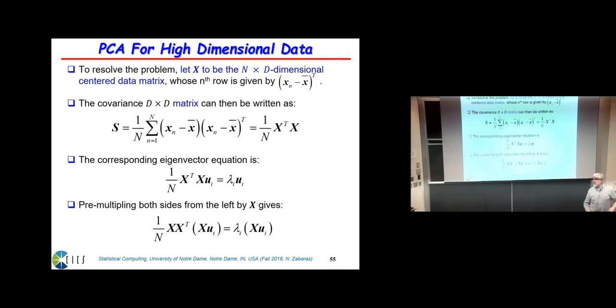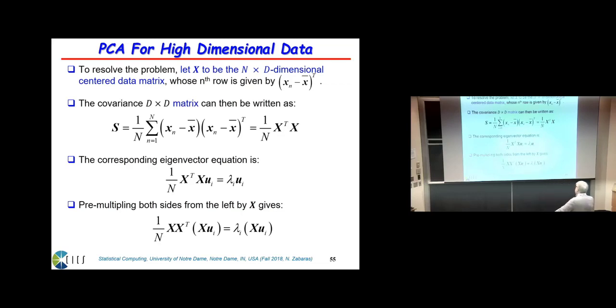That is now the eigenvector of X X transpose. What's the dimensionality of X X transpose? Remember, X transpose X is d by d. What's the dimensionality of X X transpose? N by n, and n is small.